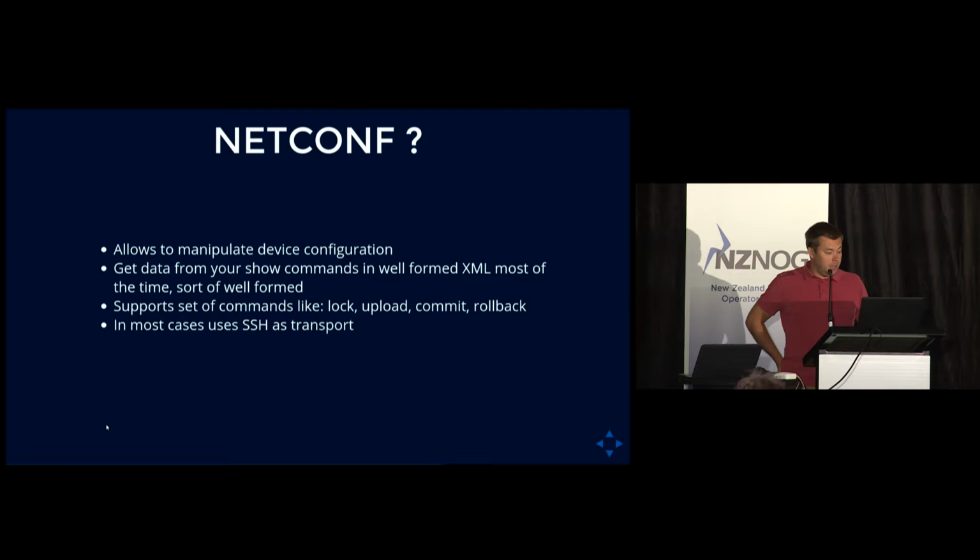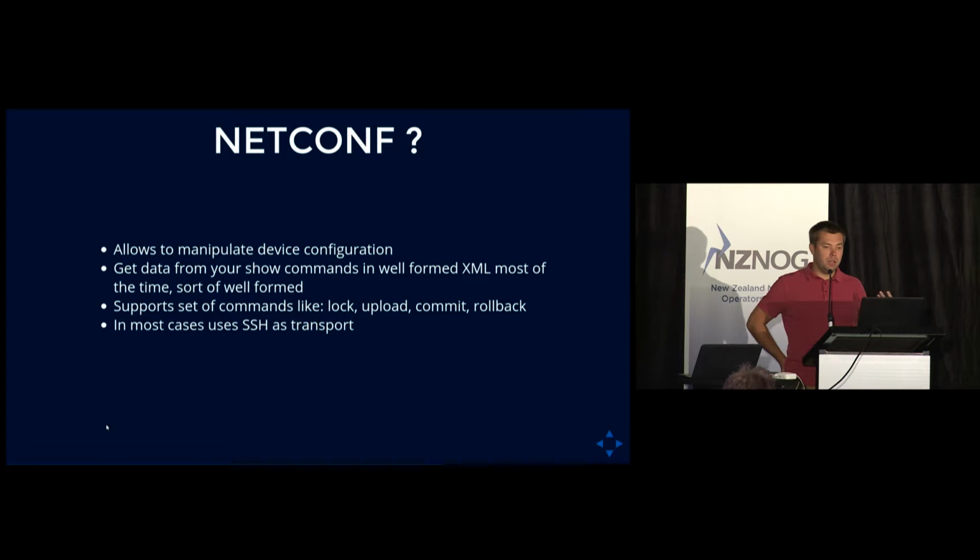So netconf. Netconf allows you to manipulate the configuration. It depends on vendor support, but for example in Junos and in Cisco nowadays, if you execute some sort of show commands, it's actually an RPC call to a device.